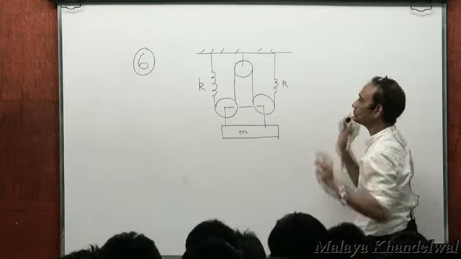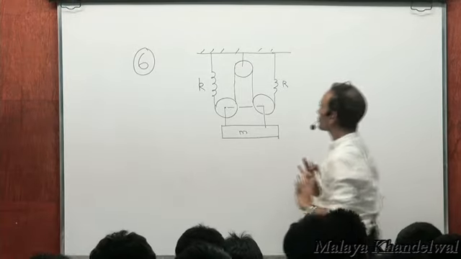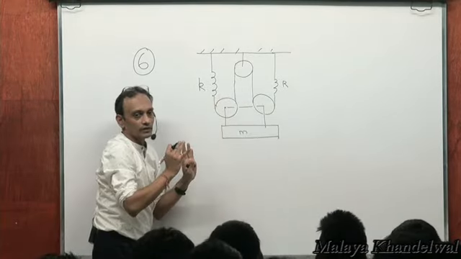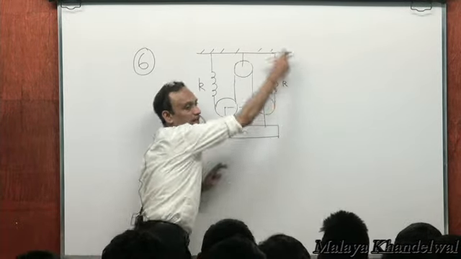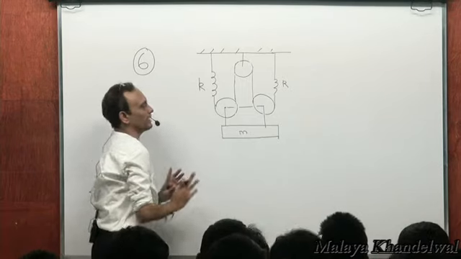Again, the two springs initially have their natural length. So I could look upon this spring as k and this one another k, and so on. Didn't really make a difference.